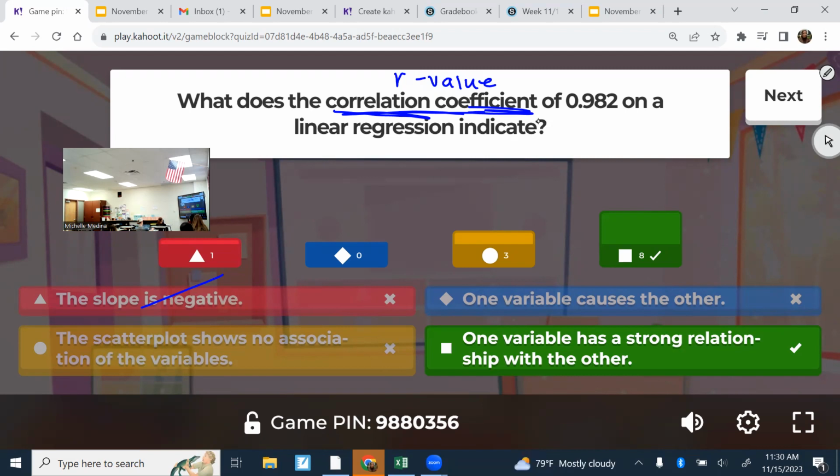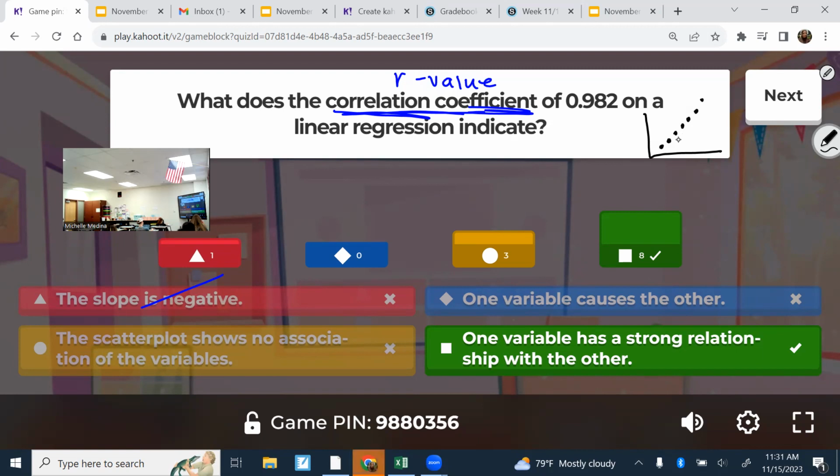For the yellow, the scatter plot saying that it shows no association. If the R value is this number, wouldn't you say that it's pretty close to 1? 0.982, it's very close to 1. So since it's also positive, I should expect it to be going up, and I should expect it to be almost in a straight line.